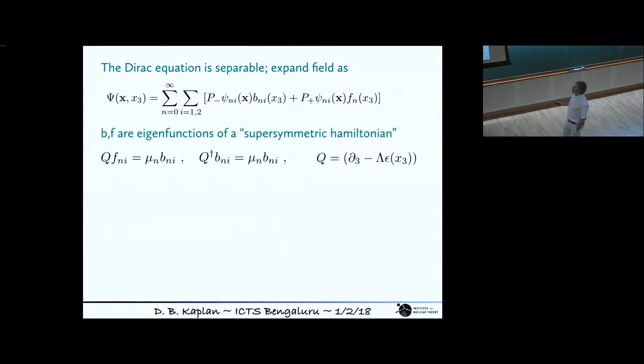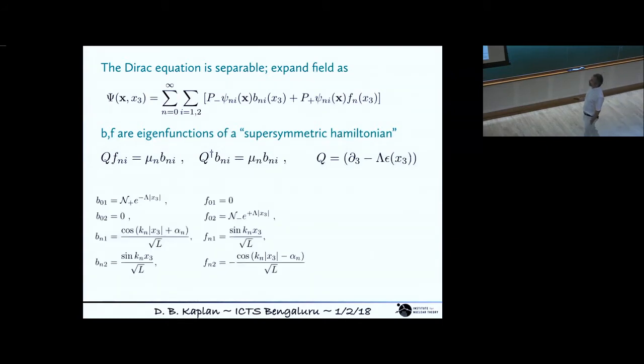Namely, they'll solve this following set of equations, which is sort of a supersymmetric quantum mechanics problem, where this operator q, which is like the supercharge, is the derivative with respect to the extra dimension minus the space-dependent mass term. So I called these things b and f in analogy to boson and fermion, but of course, they're just functions. Oh, this should have been an f. I apologize.